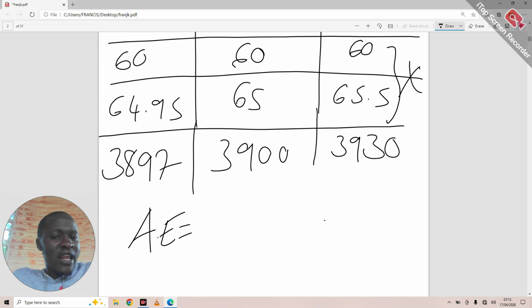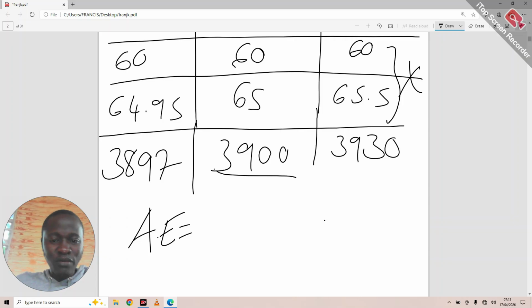Having absolute error, it is easy to get relative error. It is easy to get percentage error because those things are just formulas that you are applying there. Having relative error after getting your absolute error is not a big deal.